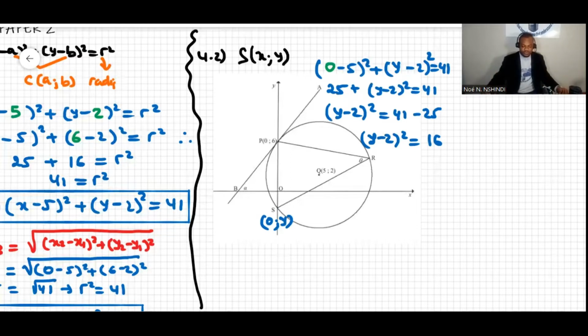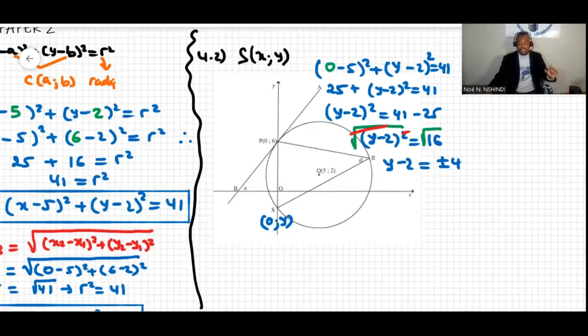I will square root both sides because the square roots will cancel the power of 2. So I am left with y − 2 = ±4.